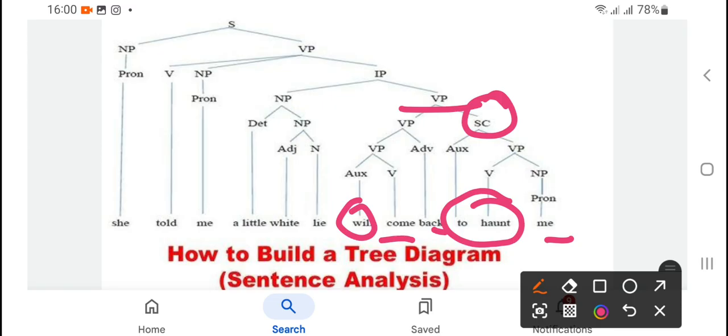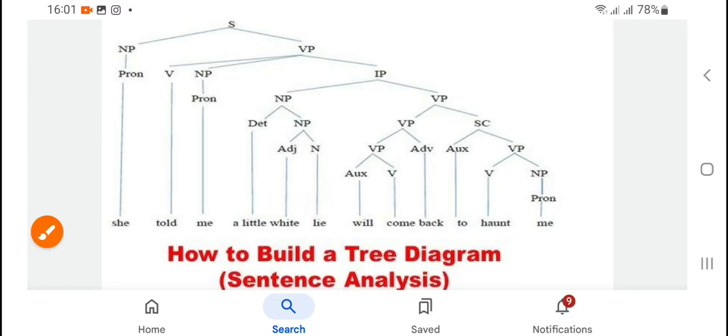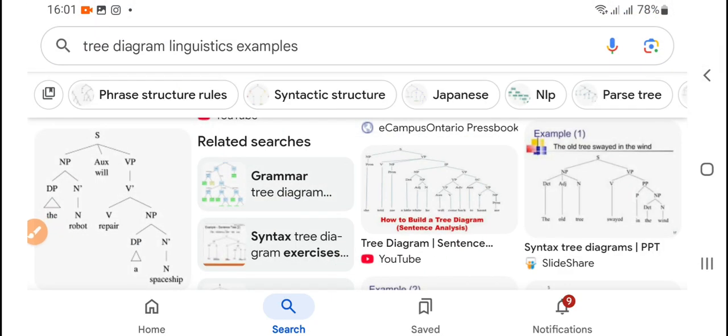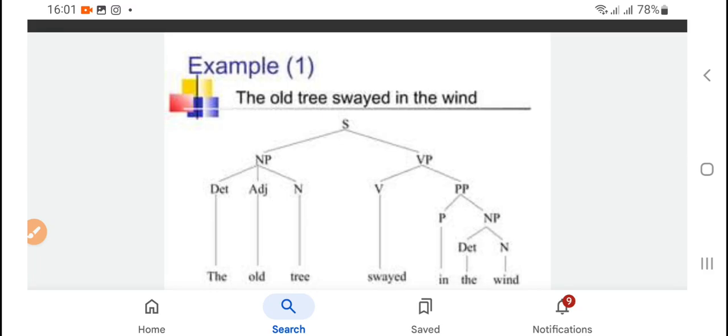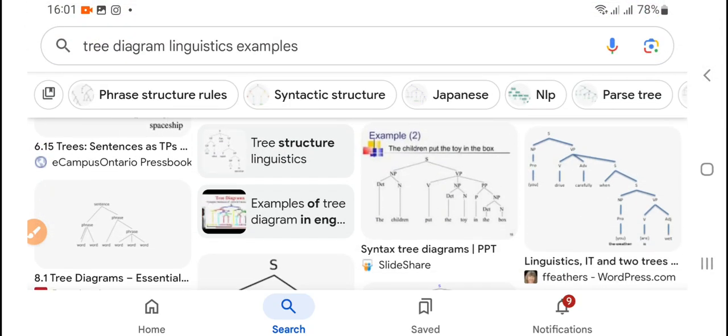And me, so that is there. Now the next sentence is, the old tree swayed in the wind. Old tree, right? That's a noun phrase. Swayed, that's a verb. In the wind, prepositional phrase. Very simple, so I'm not repeating this sentence.